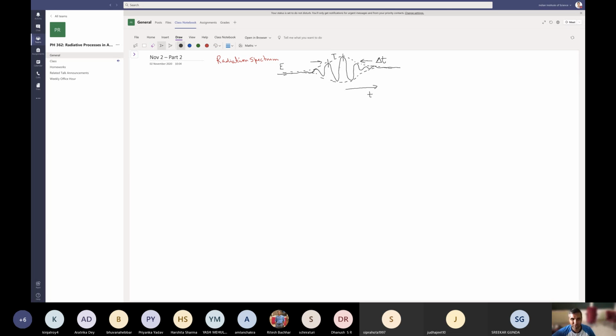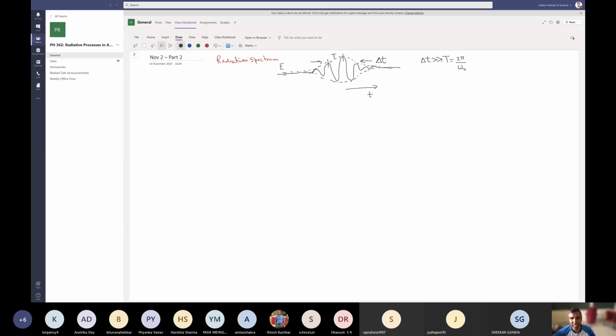The pulse width. Typically, if someone shines light at you, delta t is much bigger than the time period of the wave, which is nothing but 2 pi by omega naught. If omega naught is the frequency of these fast variations, the time period is just this. And if the pulse lasts for a long time, this is typically observed.